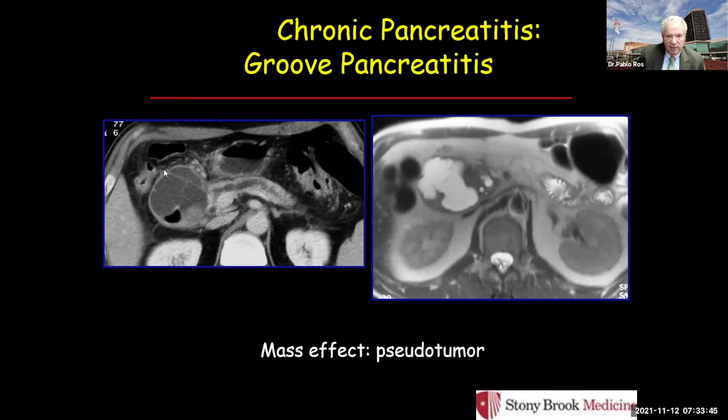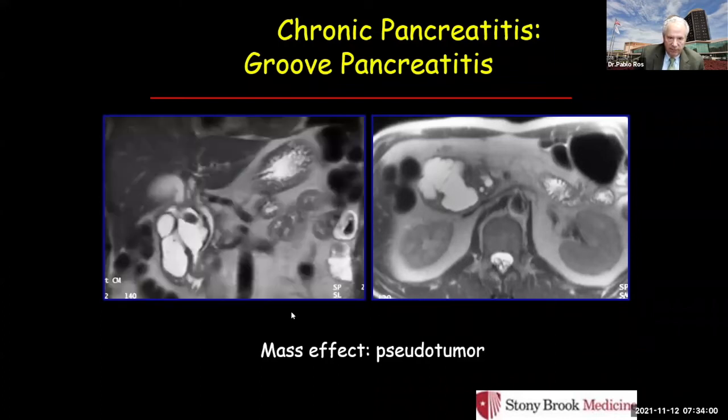You see here the septations nicely depicted in the T2 appearance, and this is classic pseudocyst formation with a pseudotumor sign in chronic groove pancreatitis.